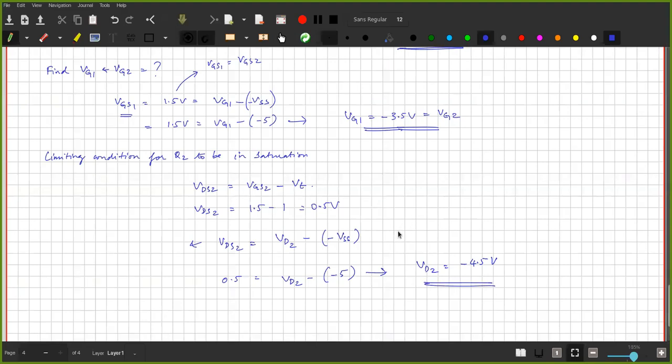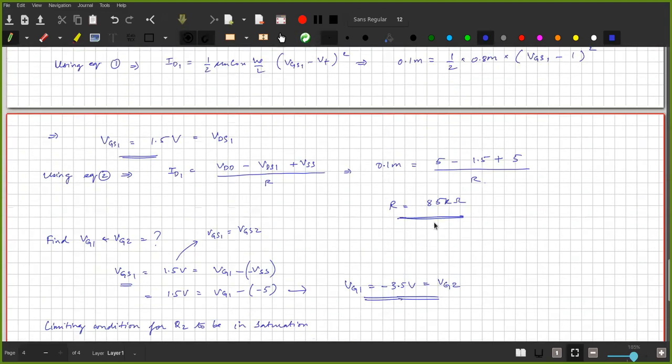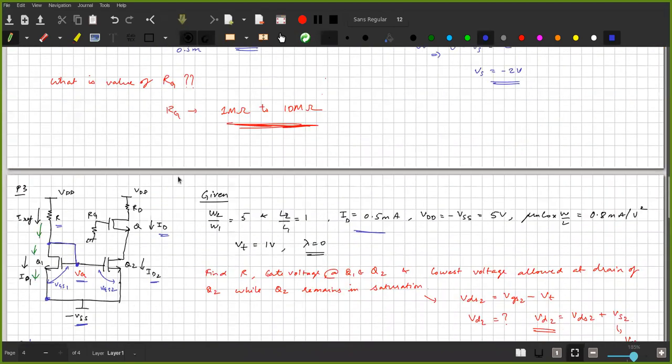Okay, so finally you found all the values. VD2 has to be at least minus 4.5 volts for transistor Q2 to be in saturation. And if that is in saturation, then ID and ID2 will be set.